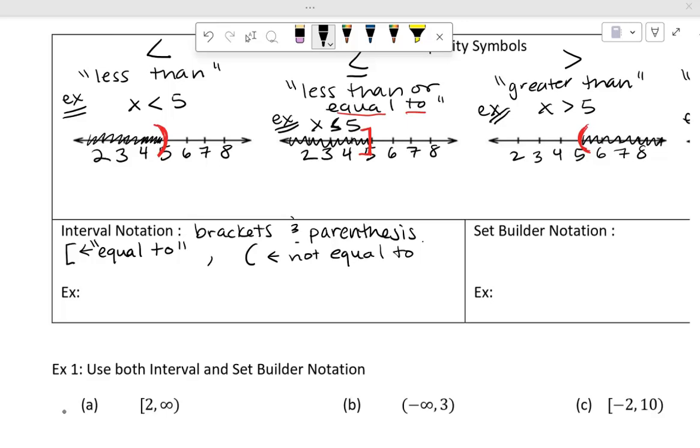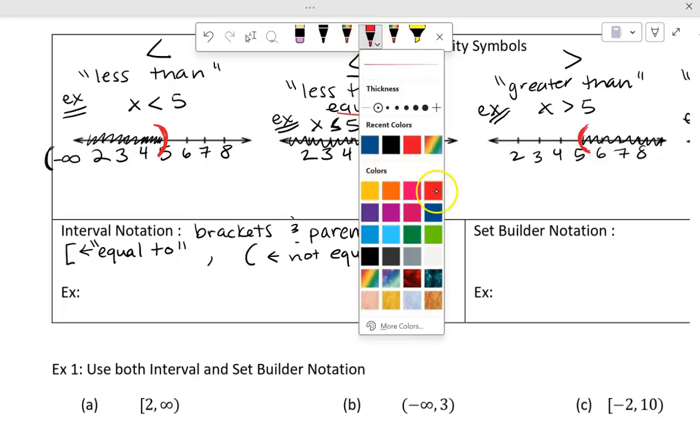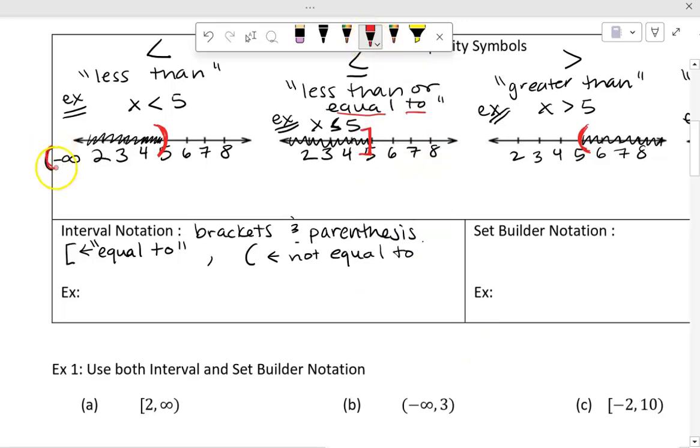So if you take a look at the very first one, x is less than 5, which means x could be anything below 5 all the way to negative infinity. So when I'm less than, I'm headed towards negative infinity pretty much, because I could go down forever. And you can never equal negative infinity, so I'm going to put a parenthesis next to negative infinity, and I'll do it in red so it's easier to see.